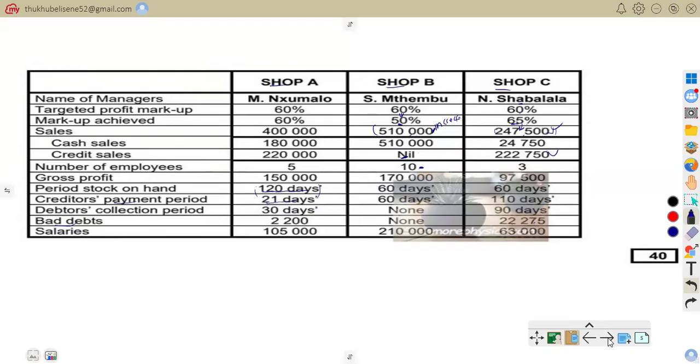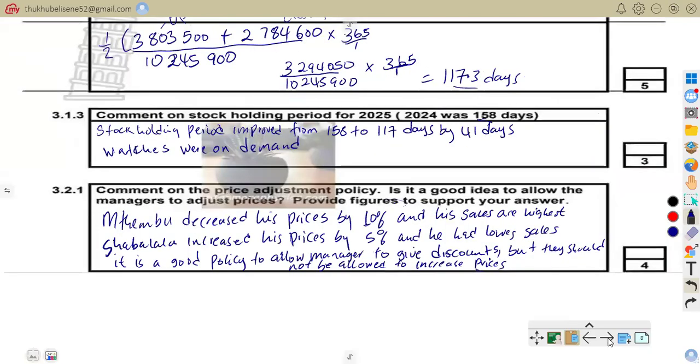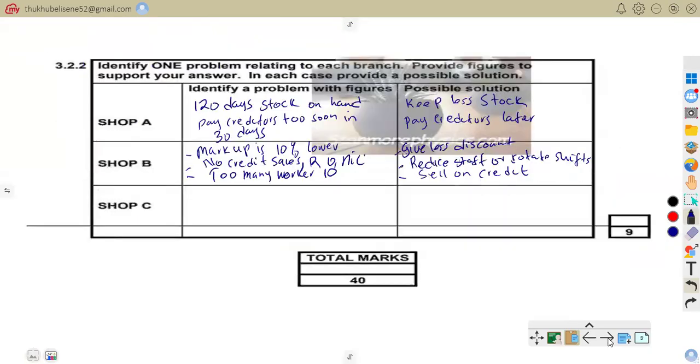So let us just write them. Here we are on shop C. Remember on shop C we have said their sales are lowest, as our sales is how much? 247,500. That is the first problem that we have identified.